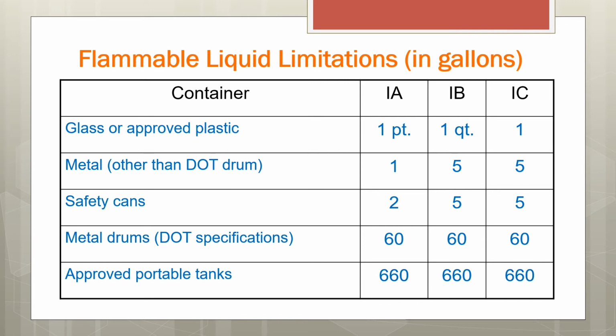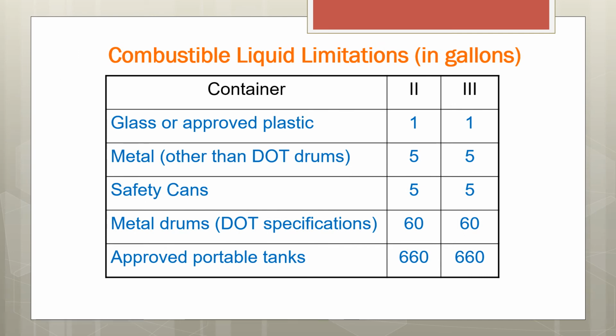I use this table as well to be in compliance and avoid any incident that can occur in the future, because it has happened before. The same applies to combustible liquid limitations: you have the type of container, the material it was built from, and the classification of the liquid.